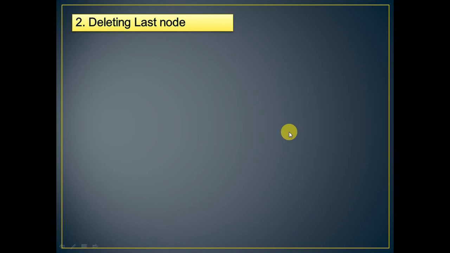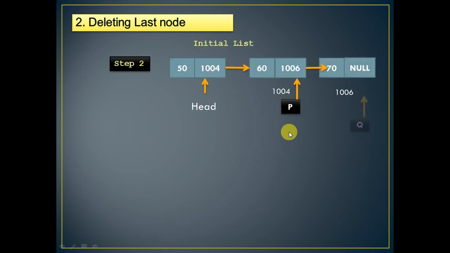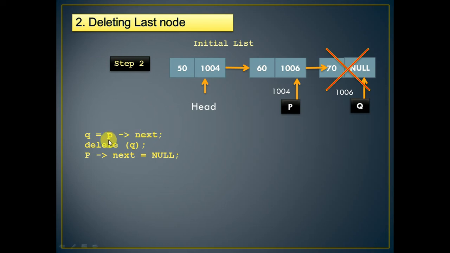After that, in the second step we assign one variable at the last node of our list, that is q is equal to p points to next, so the new variable is assigned at the last node.